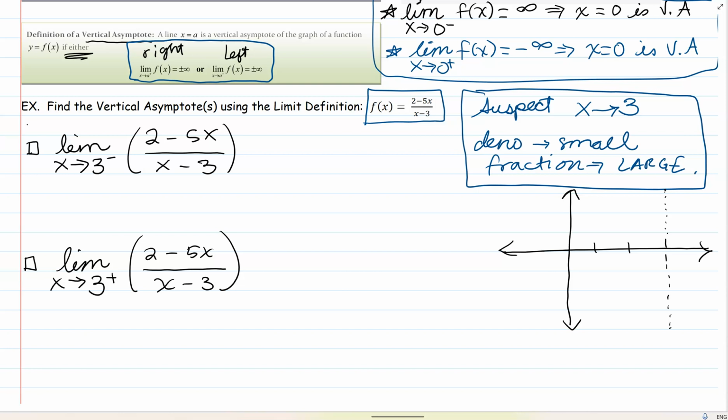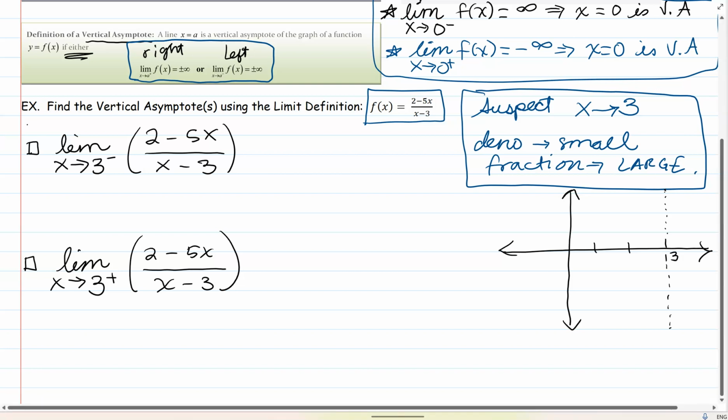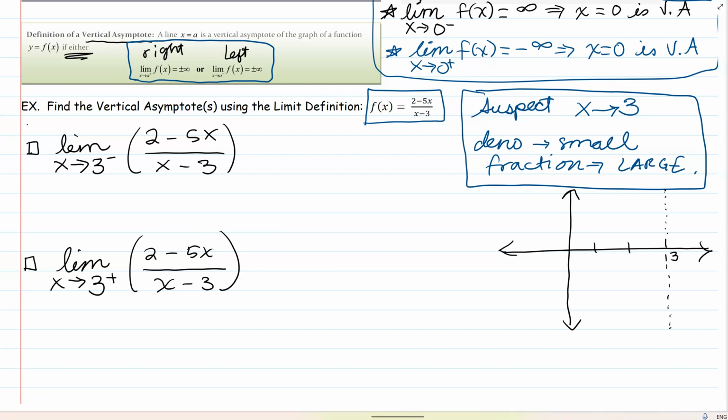When x is approaching 3 from the left, x is a number less than 3, so a number less than 3 minus 3 will be a small negative value. Then 3 times 5 is 15, and 2 minus 15 is roughly negative 13.